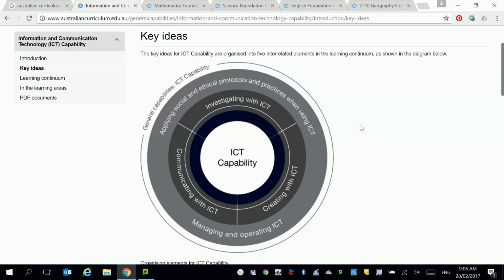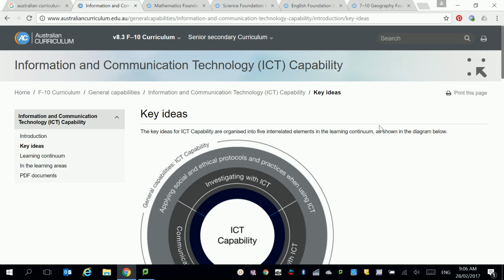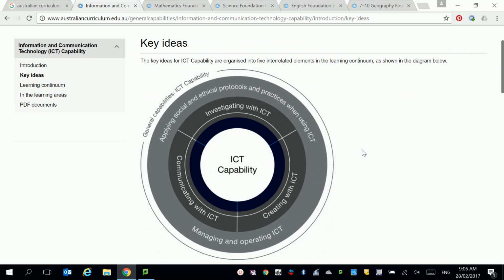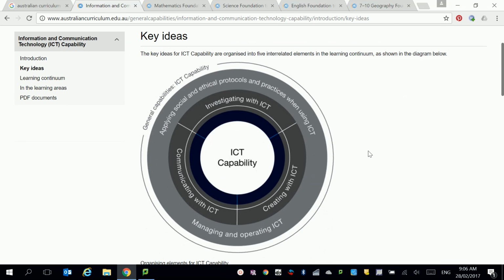Okay, the ACARA ICT capability. If you go to the Australian curriculum, the latest version, and navigate to ICT capability, the main thing you need to know is the key ideas. So it's about investigating, creating, communicating, those 21st century capabilities.